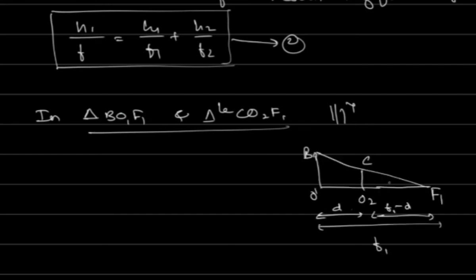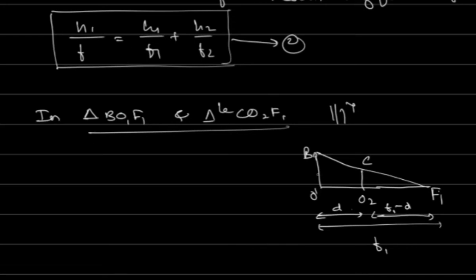See here, I have drawn the diagram. First one is BO1F1, one of the triangles, and similarly CO2F1 is another triangle. Both are similar triangles.